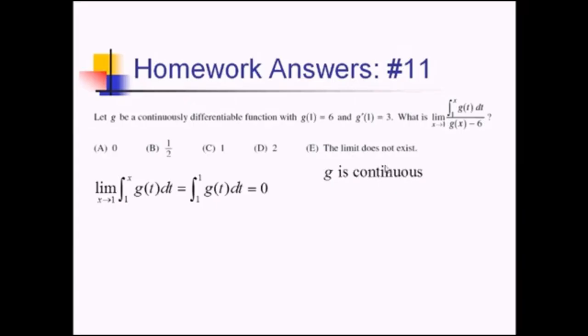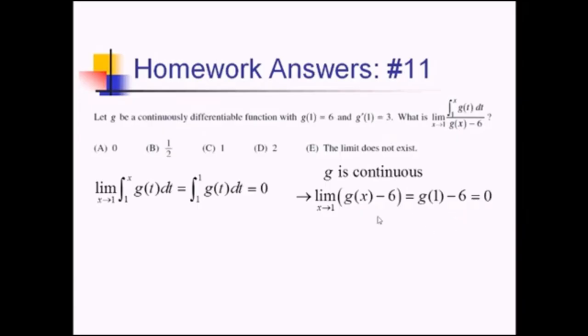That means that the function value at all x values and the limit at all x values matches up. So when I try to take the limit as x approaches 1 of g of x, I'm really just doing g of 1. So I can treat this whole denominator as essentially g of 1 minus 6, which is to say 6 minus 6, which is to say 0.